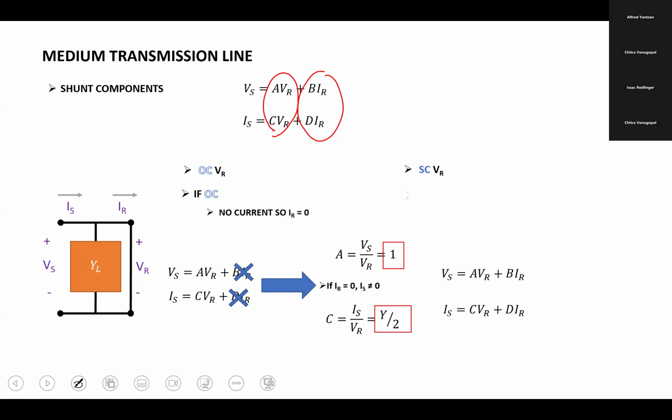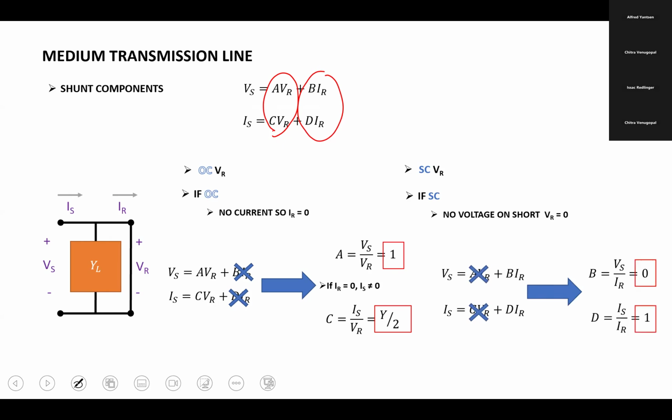Then you will get the current. That gives you B and D values. So you can see in this medium line, the A, B, C, D values are different from the short circuit ABCD network for this section.